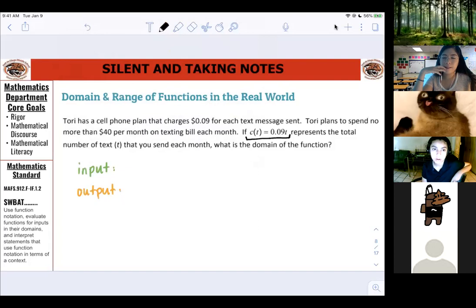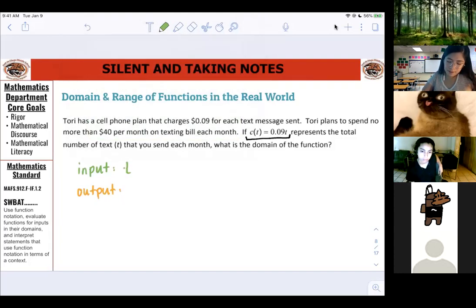It's easy when it's written this way because whatever's inside the parentheses is your input. So T is my input, and T represents the number of text messages.